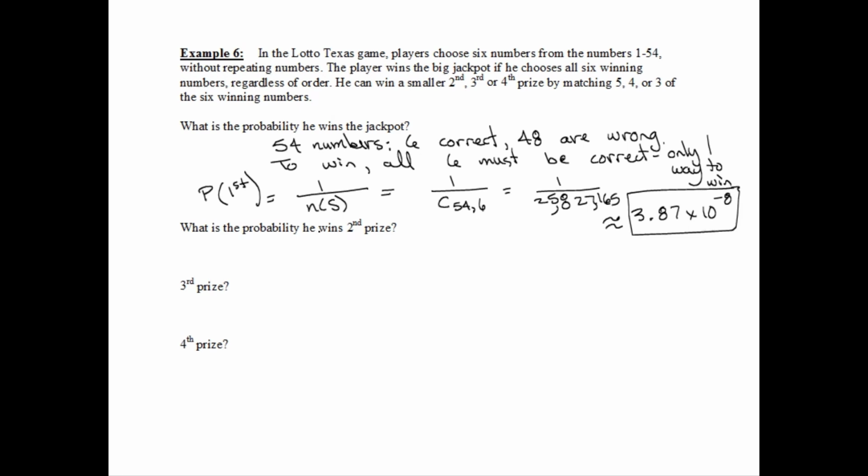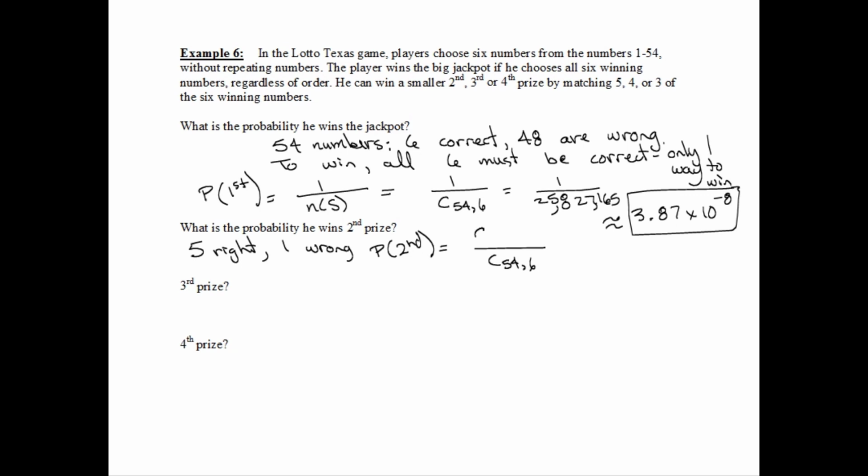What's the probability of winning second prize? Well, if you're going to win second prize, that means you get 5 right and you get 1 wrong. So my probability of winning second will be, we're going to have the same sample space, combination 54, 6.